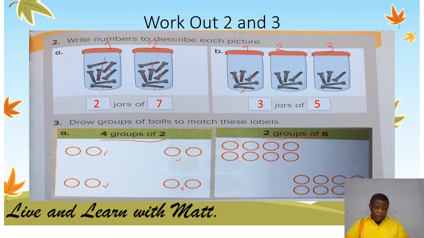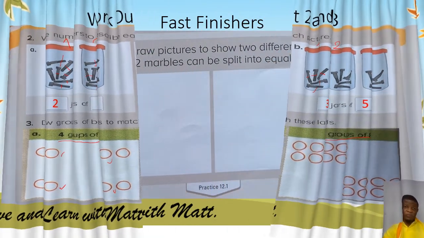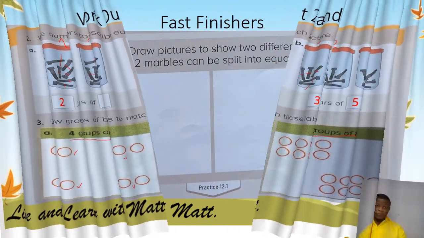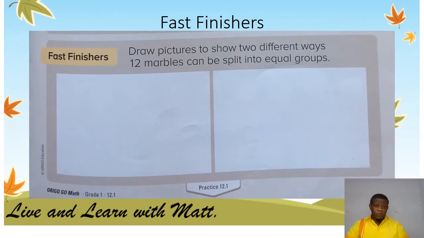Okay, now let's go to the fast finishers. Draw pictures to show 2 different ways 12 marbles can be split into equal groups. So we have 12 marbles in total.